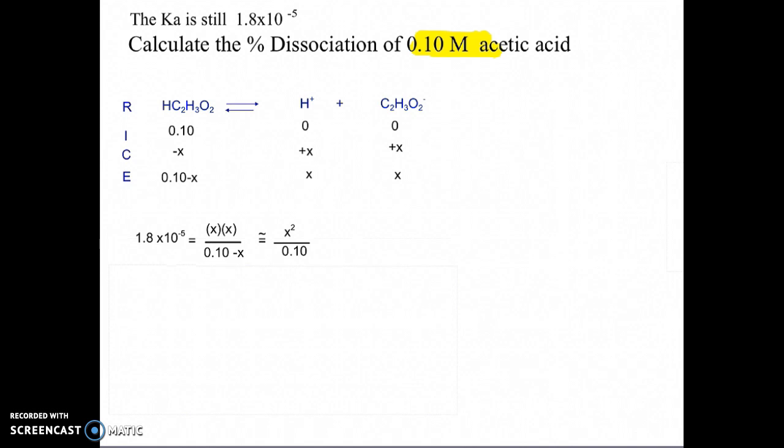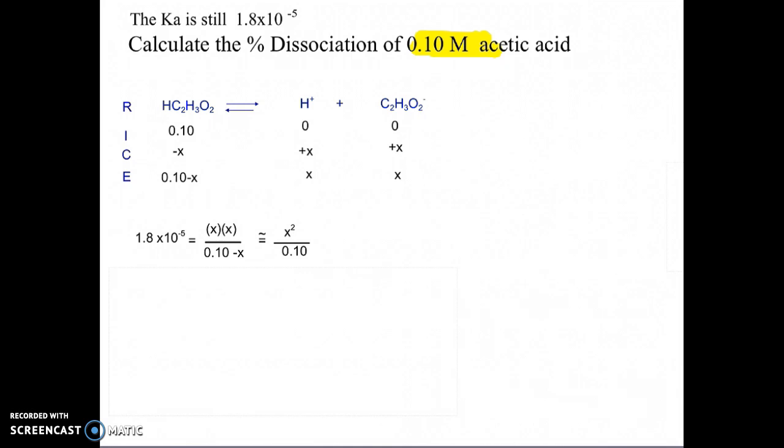Now when I plug that into my Ka expression, I get 1.8 times 10 to the negative 5 is equal to, roughly, x squared over 0.1, using that 5% rule, assuming that x is so small compared to that 0.1. Even though 0.1 is less than 1, it still doesn't dissociate as much.